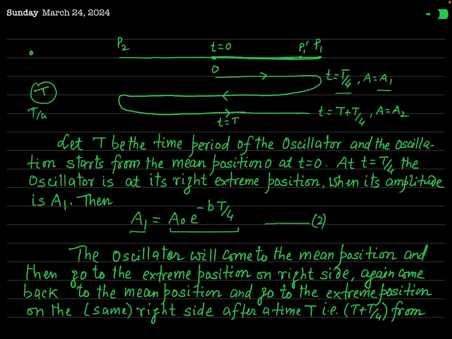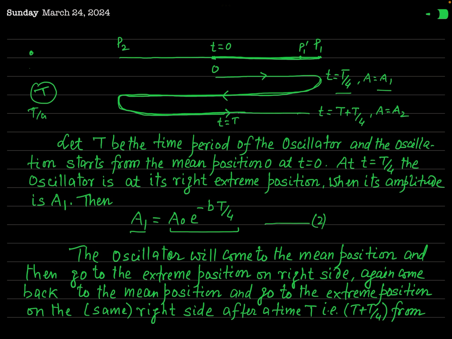Now the oscillator returns back to the equilibrium position, as I have shown in this figure. It comes to the equilibrium position and then it moves to the other extreme position on the left side, and again comes back to the equilibrium position.